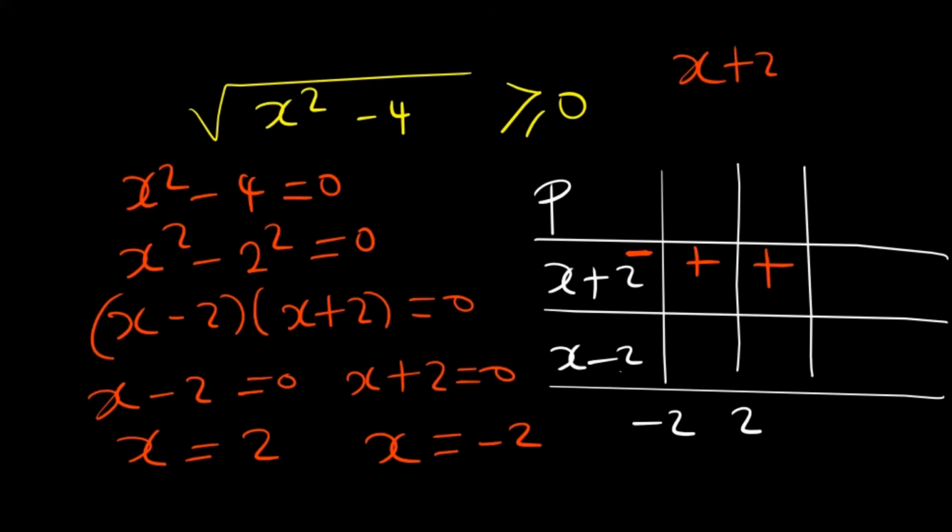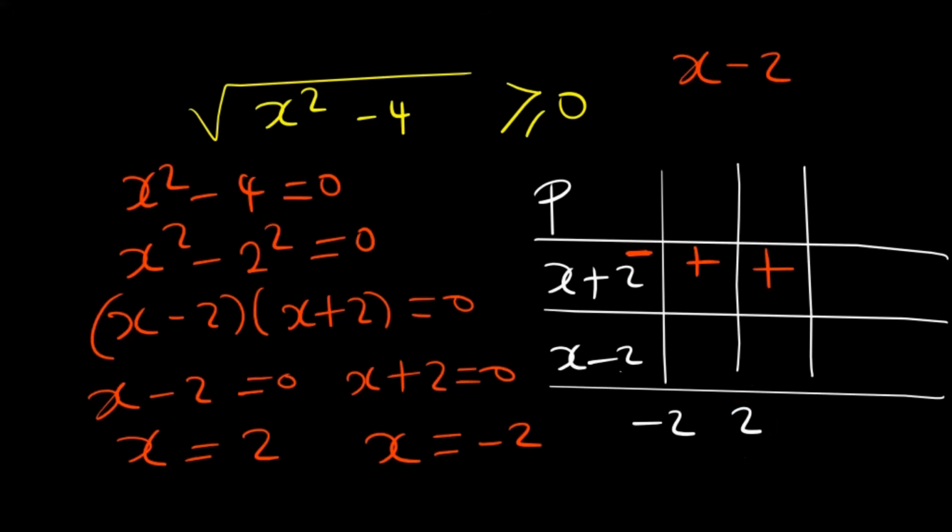Then this equation gave us a 2, so we have x minus 2. If we get any number that is less than 2, let's say 0, and we put a 0 there, what are we going to have?